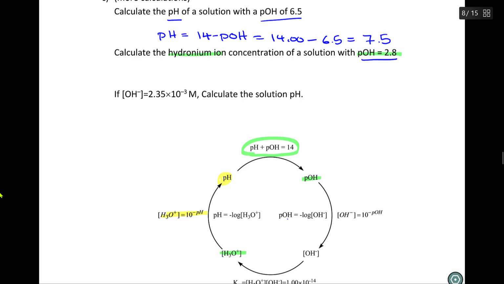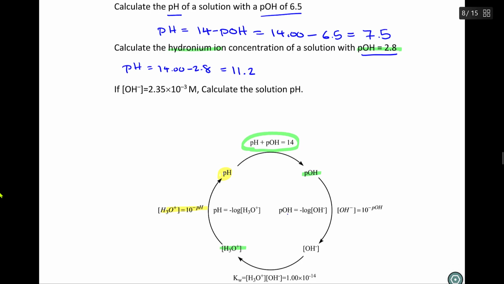I have a pOH of 2.8, so that means my pH is 14.00 minus 2.8. That's going to be 11.2. I didn't give any sig figs on that, so that's what that is.